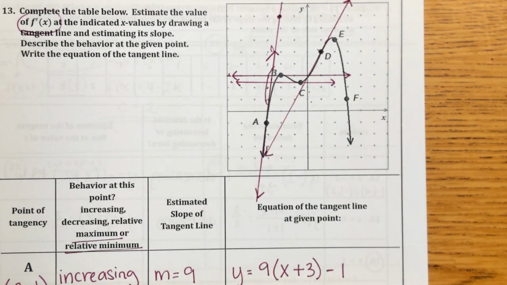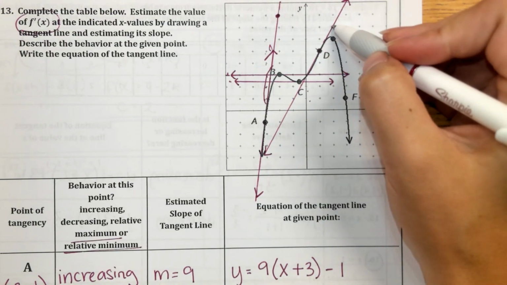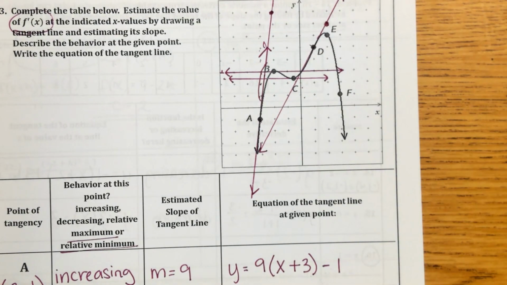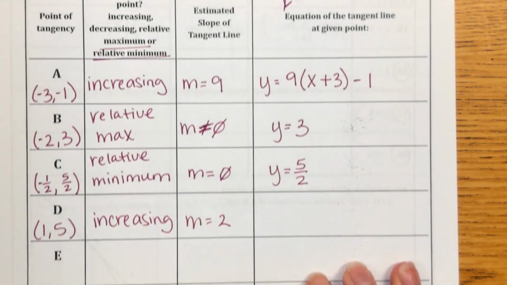Is this increasing or decreasing? Increasing. Okay, to estimate our slope, I'm going to use this point, and whoever said 2 is right.